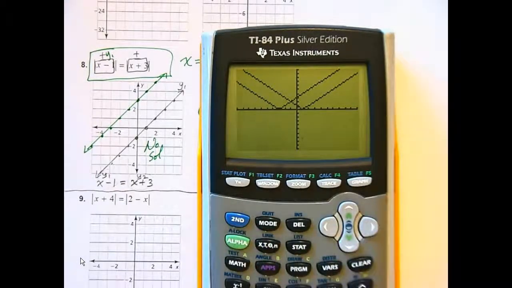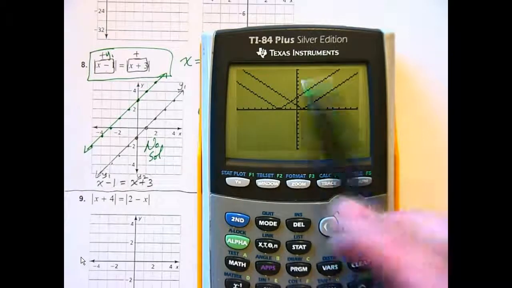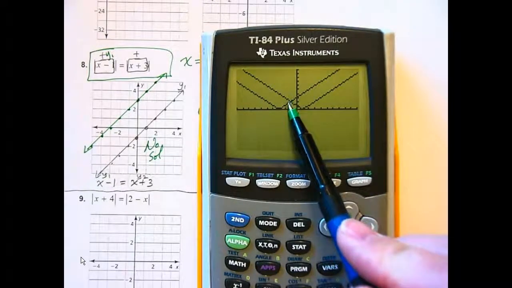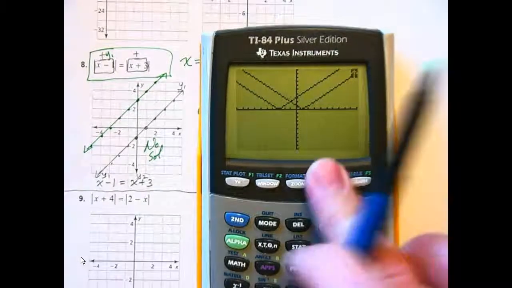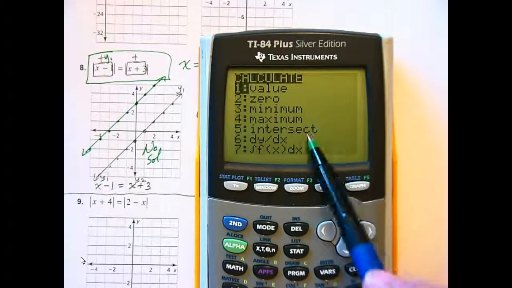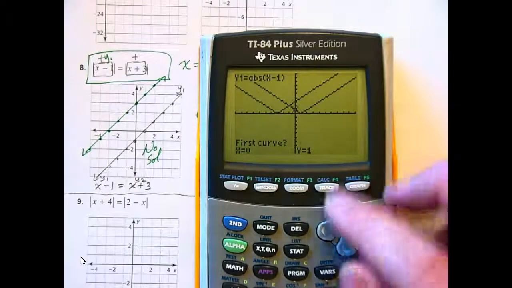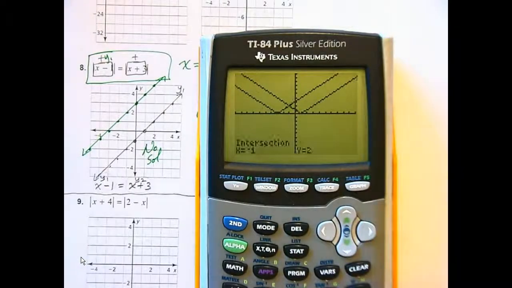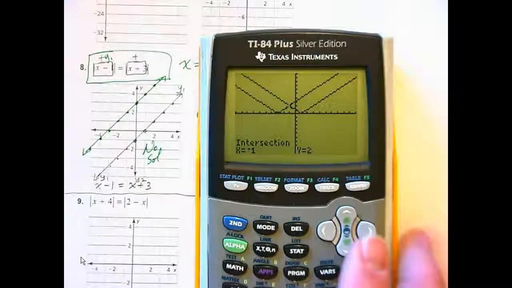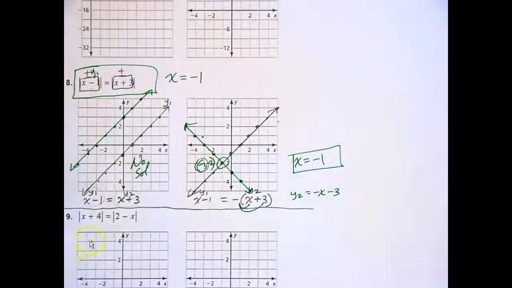How do you calculate that point of intersection? Second calc, 5. You just press it 3 times. Wait until it's negative 1.